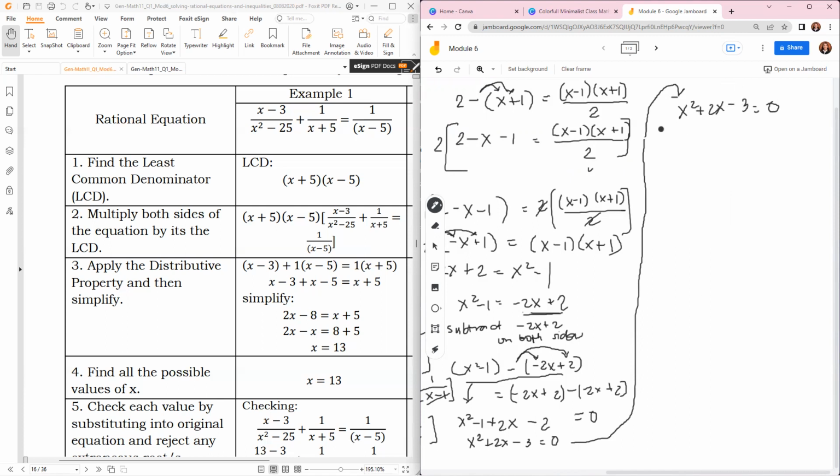So, we can find what values could be used so that it will end up in this expression. What we could do would be 3 and 1. Okay?